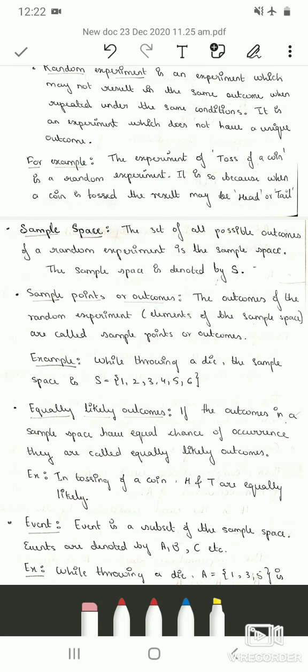So whenever you toss two coins simultaneously, you may get both the coins to be head, or you may get one coin as head and the other coin as tail, which is HT, or you may get the first coin as tail and the second coin as head, which is TH, or you may get both coins showing tails.